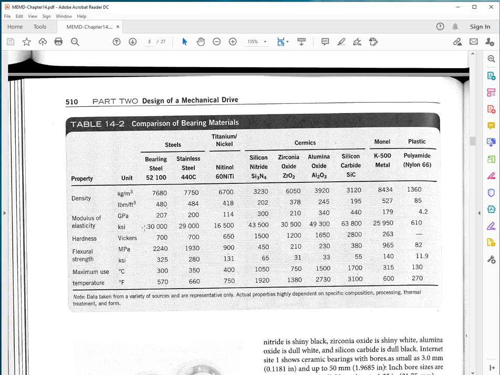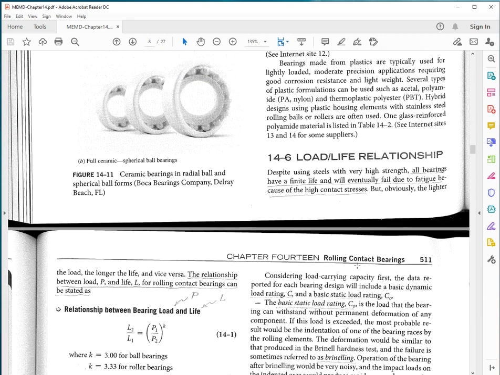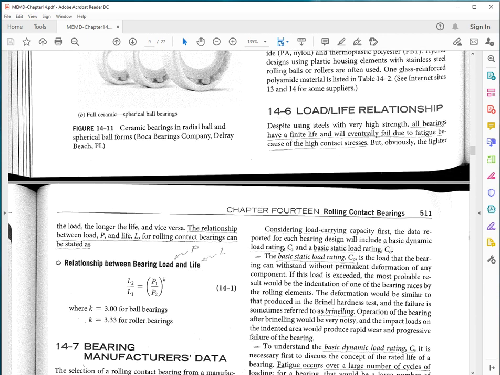This is common for steels, 30,000 KSI, but for ceramics it can go higher. Silicon carbide is almost more than double the stiffness. Okay. All right. Very important for design is this equation, the load-life relationship.